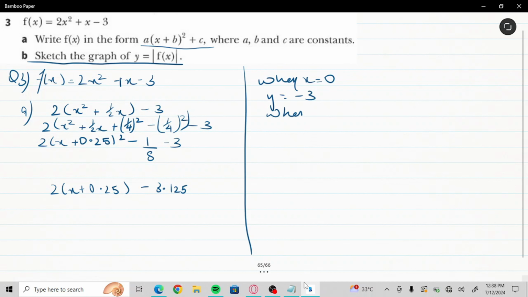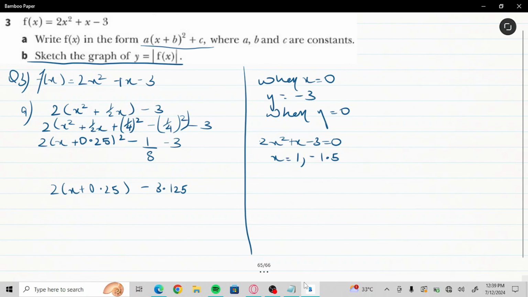When y is equal to 0, x is equal to, 2x squared plus x minus 3 is equal to 0. I'm going to take my calculator in order to solve this. So 2x squared plus x minus 3, the roots are 1 and negative 3 upon 2, which is negative 1.5. So x is equal to 1 and x is equal to negative 1.5.